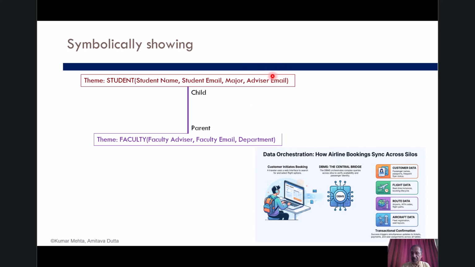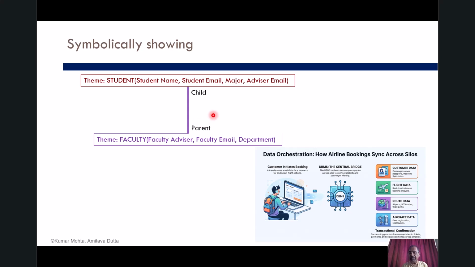It's the reference column that allows me to link the child back to the parent. So faculty is the parent, and the columns that make up the faculty theme are faculty advisor, faculty email, and faculty department. Pictorially we can show a line connecting the parent and the child, and we write down which one is the parent and which one is the child theme.